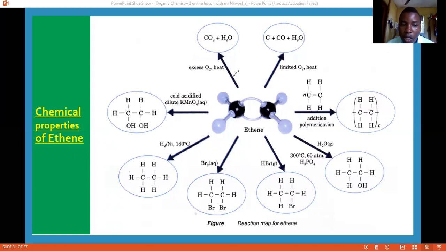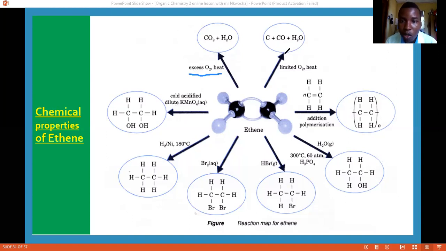Combustion here shows that it is combining with oxygen. You can see the reactant, heat, excess oxygen. You can see the products carbon dioxide and water. When you combine it with excess oxygen, you get carbon dioxide and water.